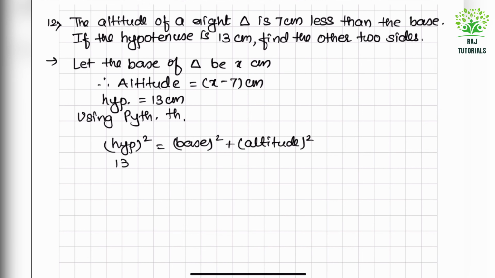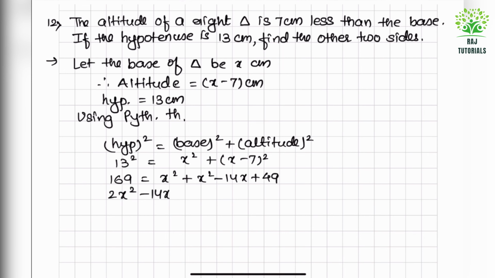So 13 square equals x square plus x minus 7 whole square. So 169 will be equal to x square plus x square minus 14x plus 49. So, 2x square minus 14x plus 49 minus 169 equals 0. So 2x square minus 14x minus 120 equals 0.